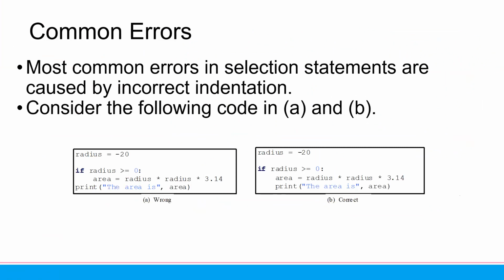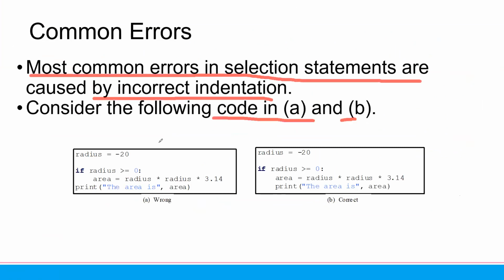So the common errors here: most common errors in selection statements are caused by incorrect indentation. So consider the following code in A and B. In this case, it will be an error.